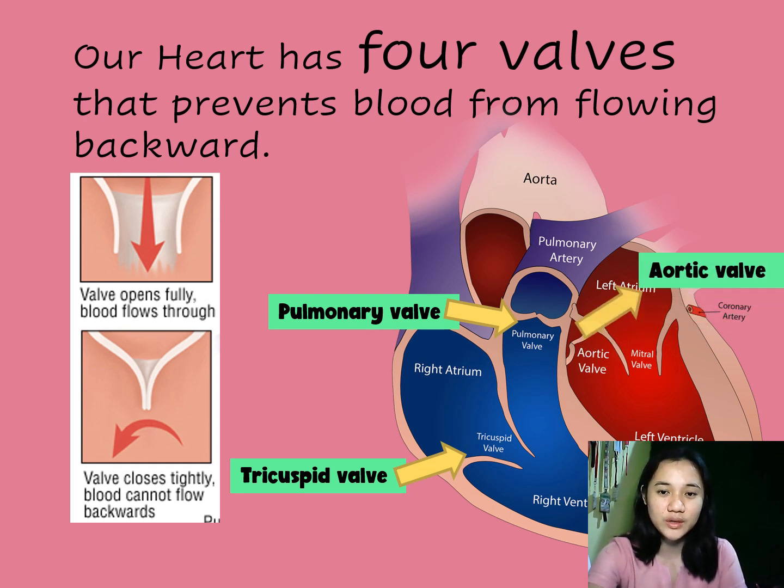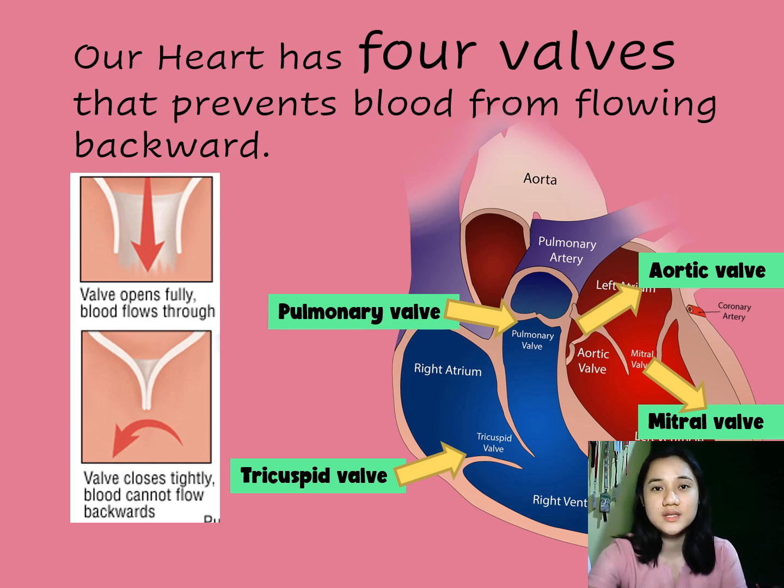And then we have the aortic valve, found on the aorta, and the mitral valve, also known as bicuspid valve, found in between left atrium and left ventricle. Okay, so yan po yung valves natin. Again, ang gawain lang ng valve ay para masara yung lagusan o yung daanan, so that the blood won't flow back from where it came from.